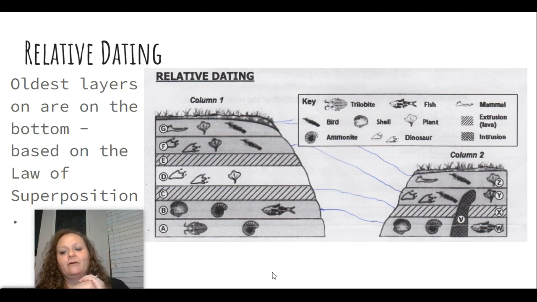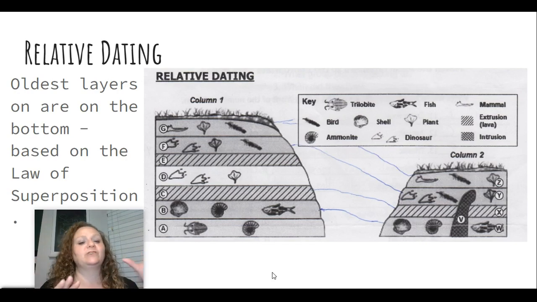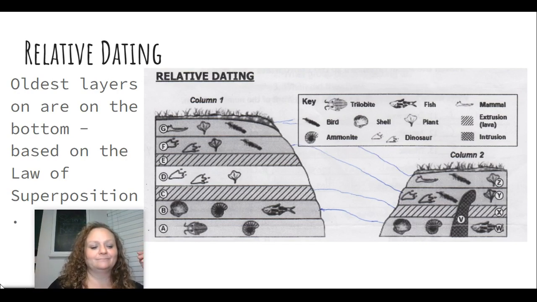If you look at layer V, it's actually cutting into layer W, X, and Y. And that means layer V had to occur after W, X, and Y. It's an intrusion. And it can occur in those layers unless those layers are already there. So essentially, we're just using stratigraphy to determine age.